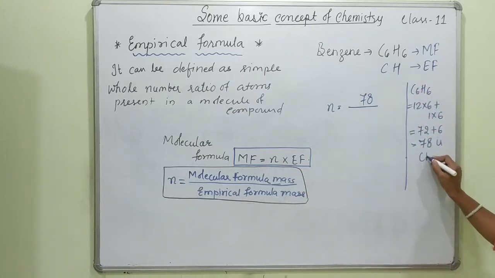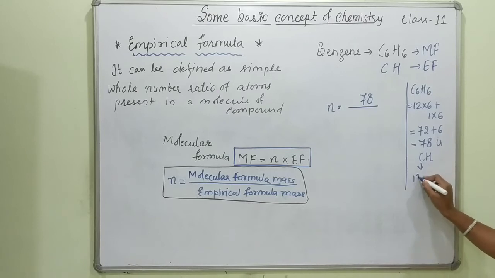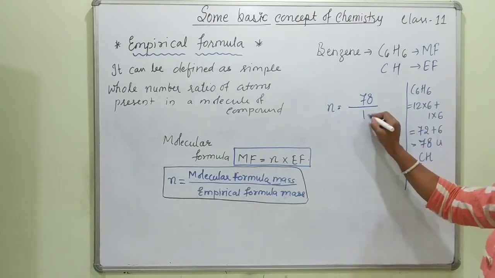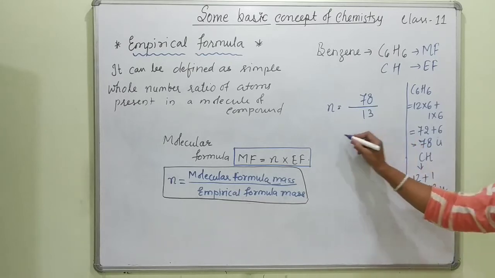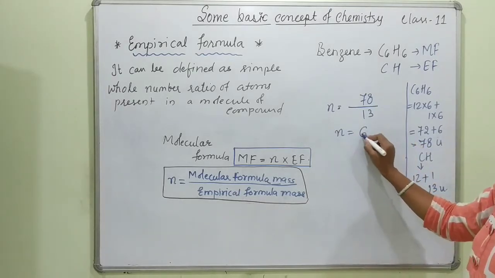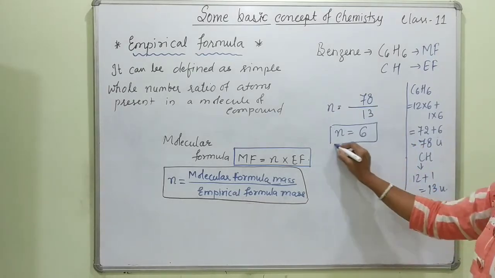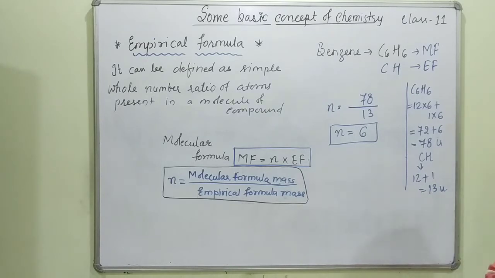Let's calculate for CH also. C is 12 plus 1, so it would be 13 u. When you divide 78 by 13, we easily get the value of 6. So in this way we can calculate the value of n.